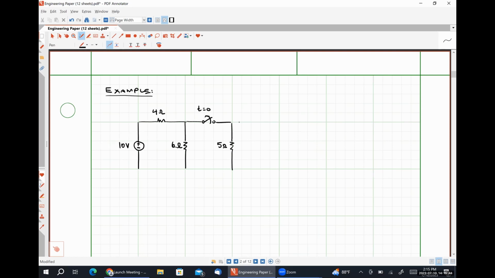Put a 5-ohm resistor here, a 3-ohm resistor here, 60 millifarad capacitor here. And just for the sake of argument, let's put a 12 ohm resistor over here.